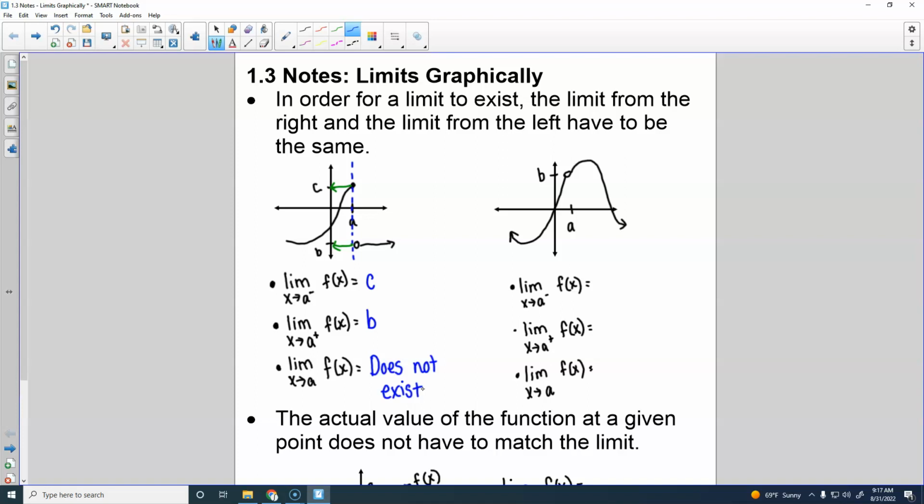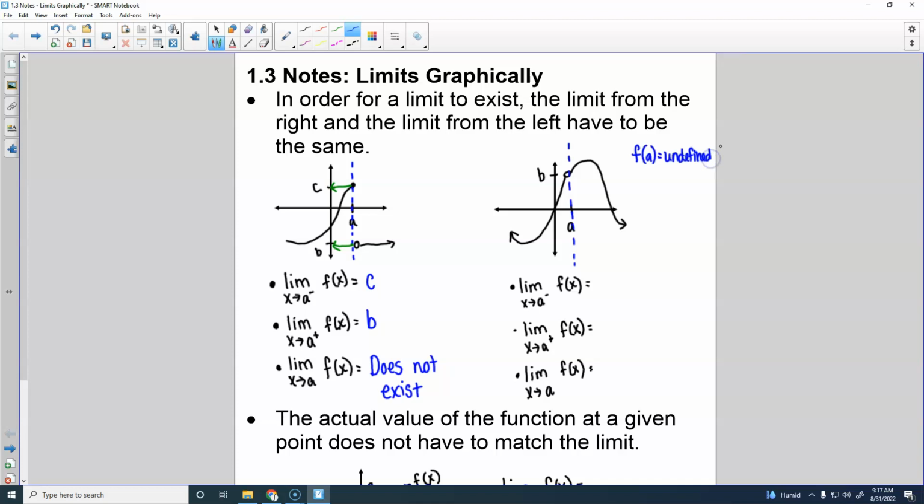Now, over here, on this side, if I put my dotted line here, this graph is not defined at A. If I asked you for f of A, it would be undefined.